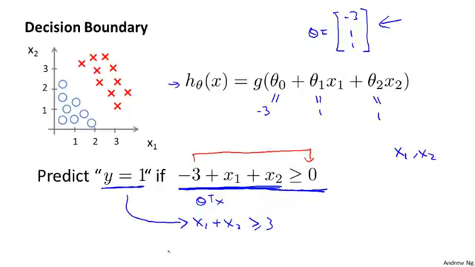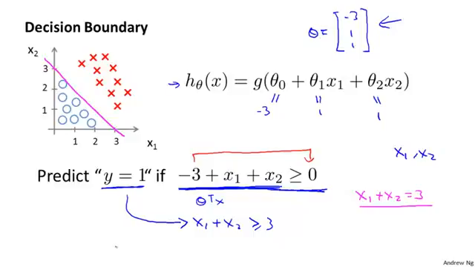Let's see what that means on the figure. If I write down the equation x1 plus x2 equals 3, this defines the equation of a straight line, and if I draw what that straight line looks like, it gives me the following line, which passes through 3 and 3 on the x1 and the x2 axes.